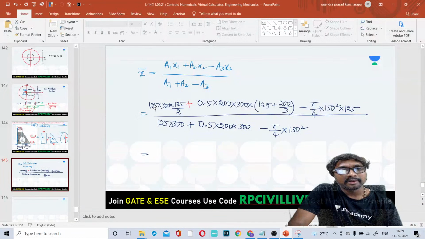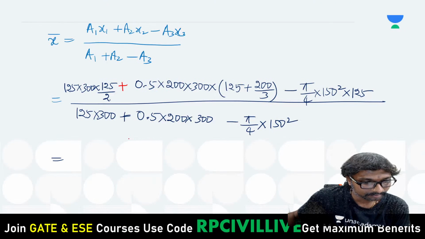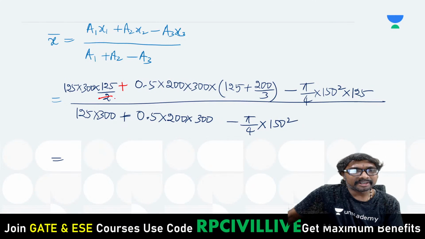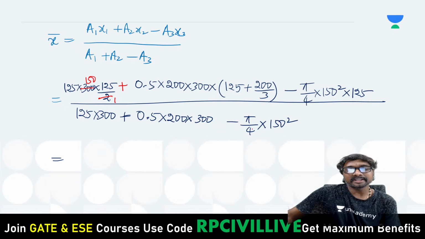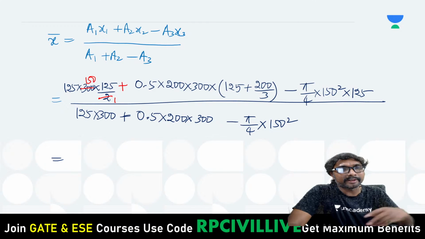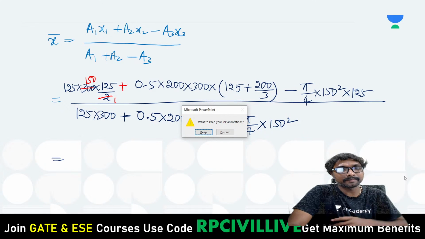What is that value? 125 into 300 into 125. Here we can simplify: 2 ones and 2 150s. It is better to simplify in this manner. So 125 into 150 into 125.